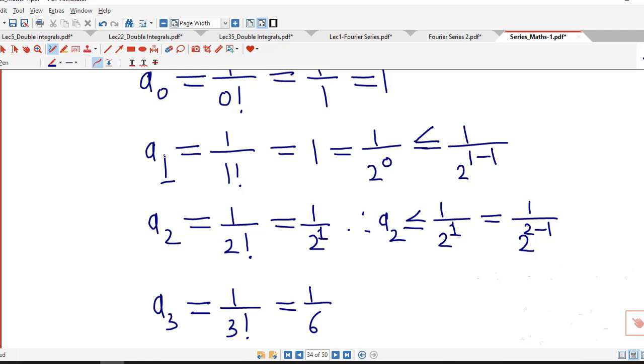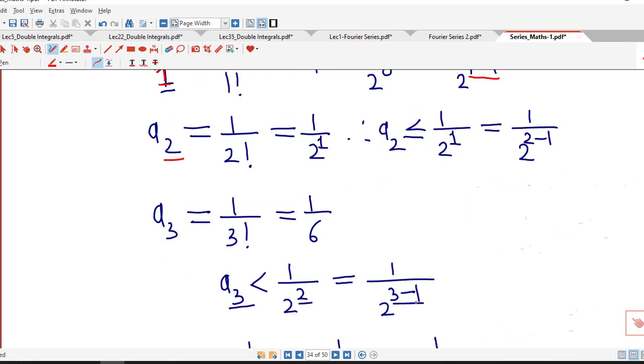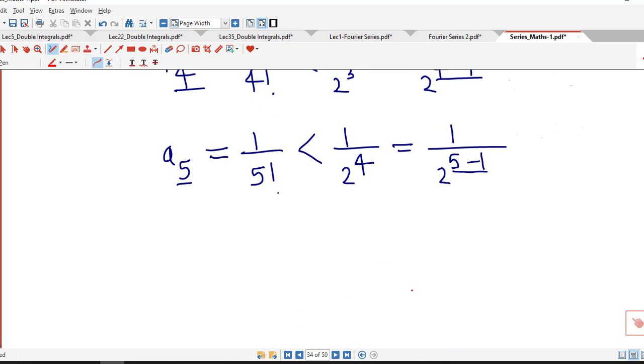So if I have suffix 1, I have 2 raised to 1 minus 1. Now we can observe, if we have n equal to 1, that is a1, we have 1 over 2 raised to 1 minus 1. If I have a2, I have 1 over 2 raised to 2 minus 1. If it is a3, I have 1 over 2 raised to 3 minus 1 and so on.